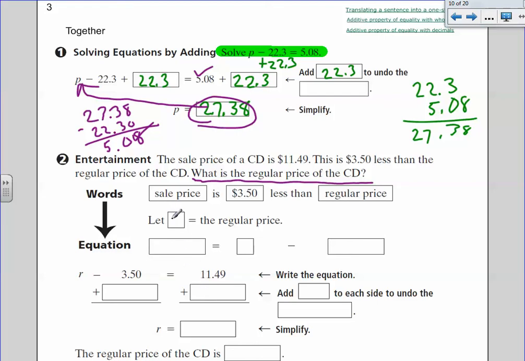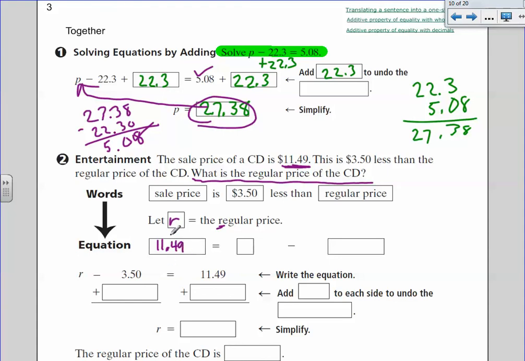So we're going to use a variable of R to represent the regular price, because R and R, that makes sense. Okay, so now we're going to say, I know the sale price is $11.49. So that's what I'm kind of ending with, right? So that's what I'm going to write here.